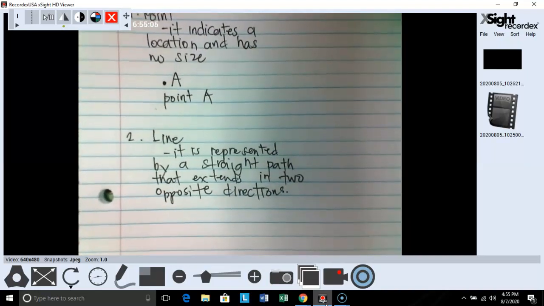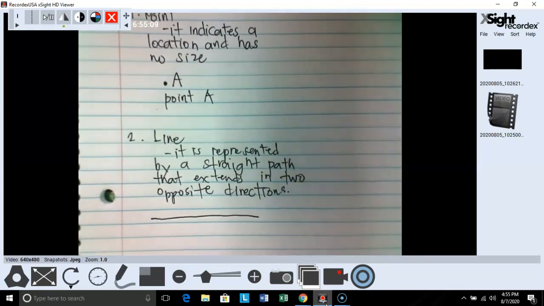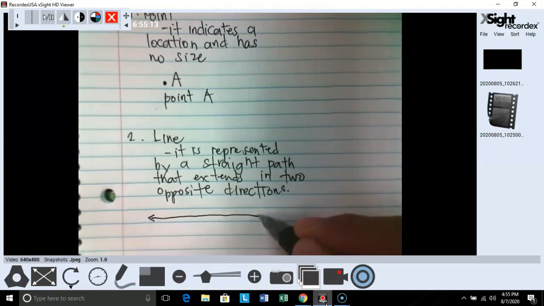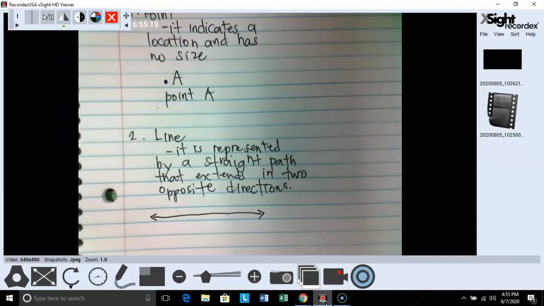So, as we all know, a line looks like this. The only thing is it has arrows on both ends. So that's how a line looks, and it extends infinitely in both directions.